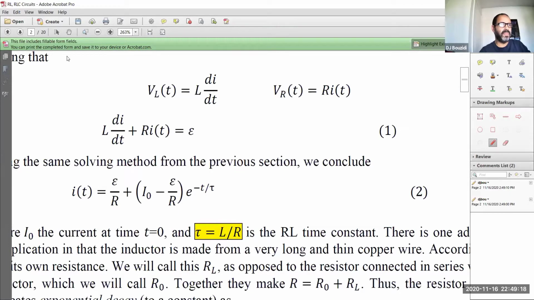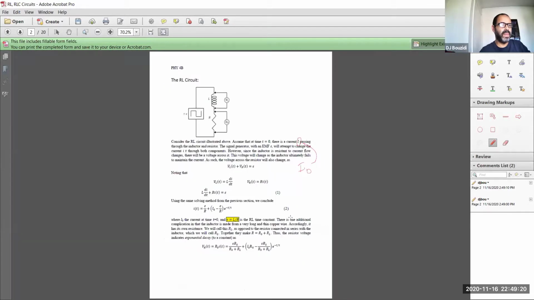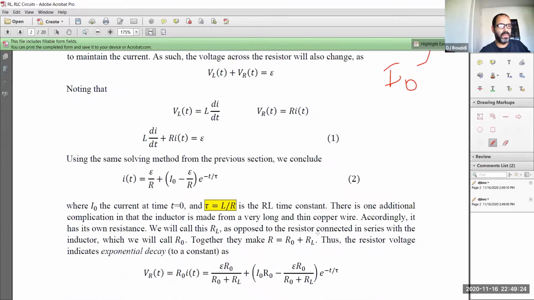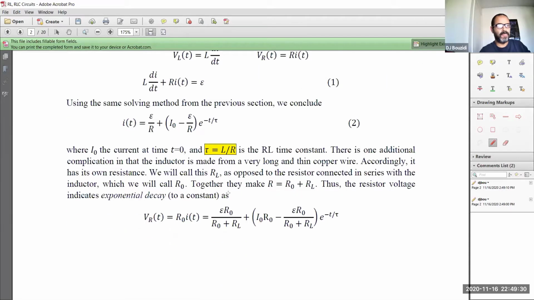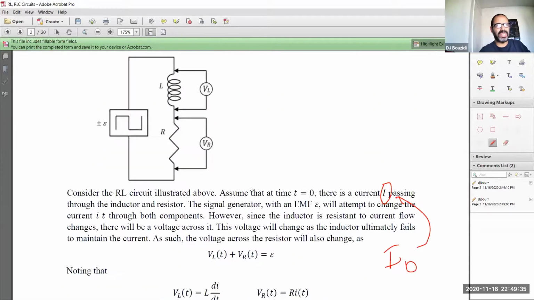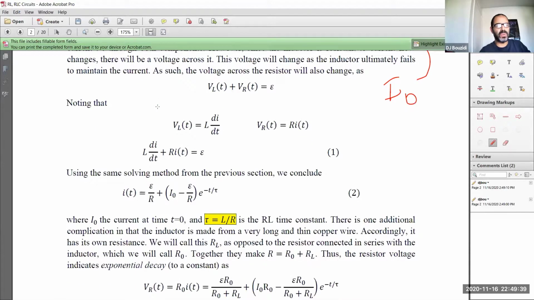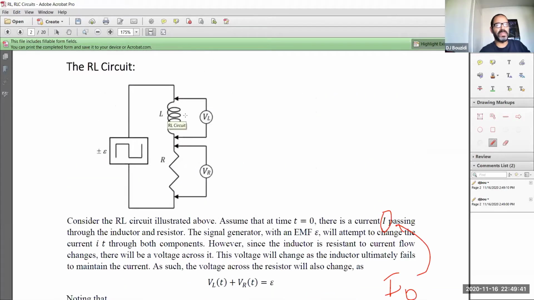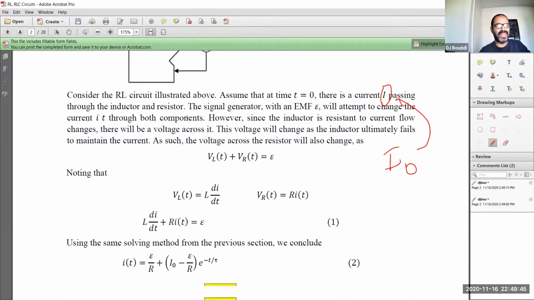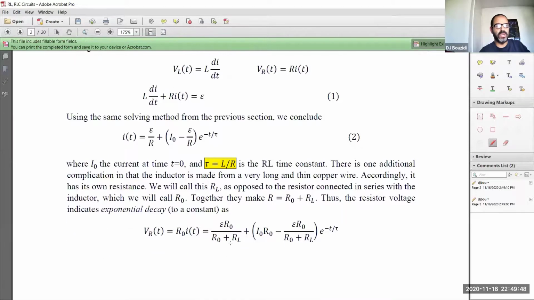Where tau in here is L over R. This is a time characteristic that we're supposed to find. Obviously, the inductor itself is a wire, and it has its own resistance. So we have two resistances. Usually it's represented by a pure inductor in series with a resistor, and that is the internal resistor of the inductor.